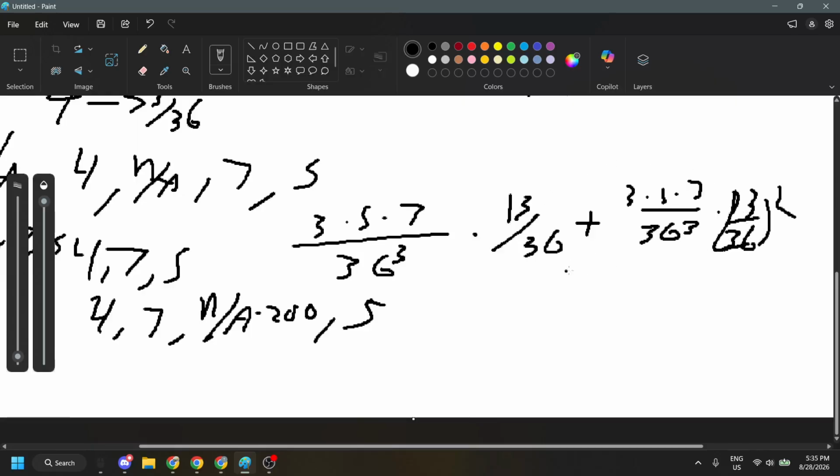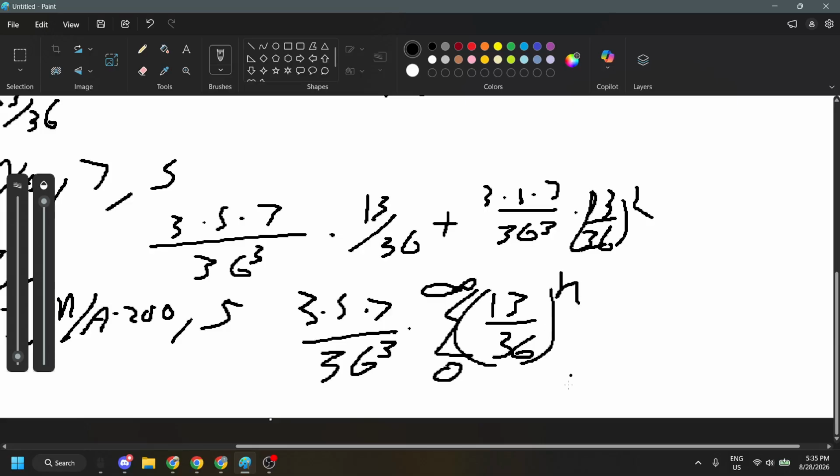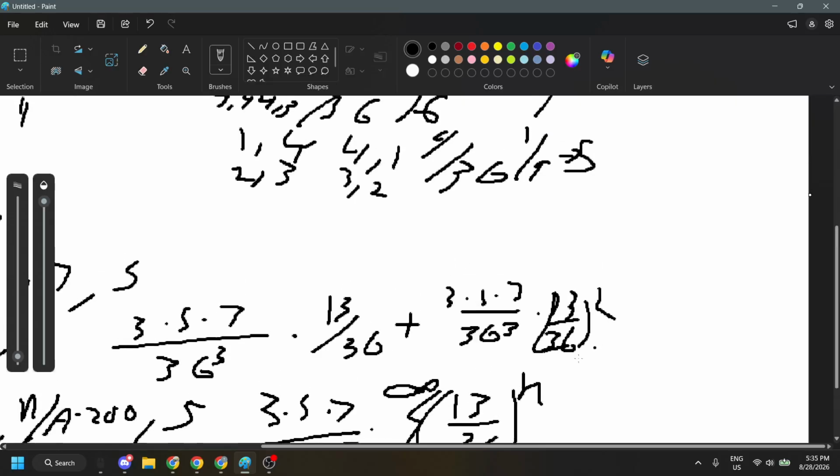Yeah, so it's a sum. I don't know what it's talking about. So it's 3 times 5 times 7 over 36 cubed times the sum from 0 to infinity of 13 over 36 to the n. Okay, interesting.